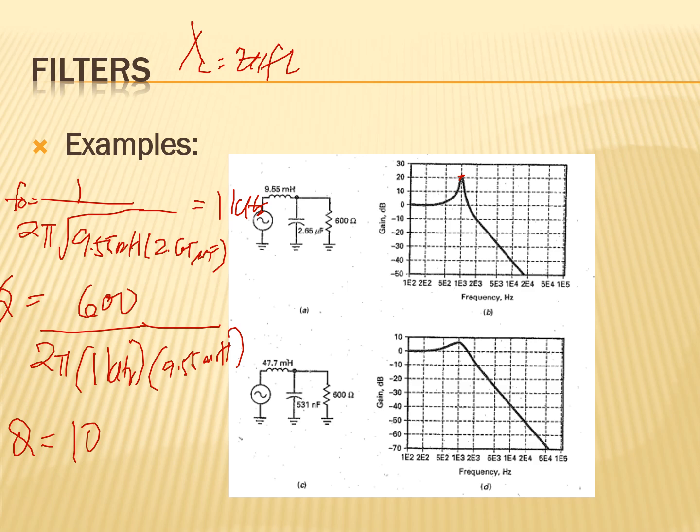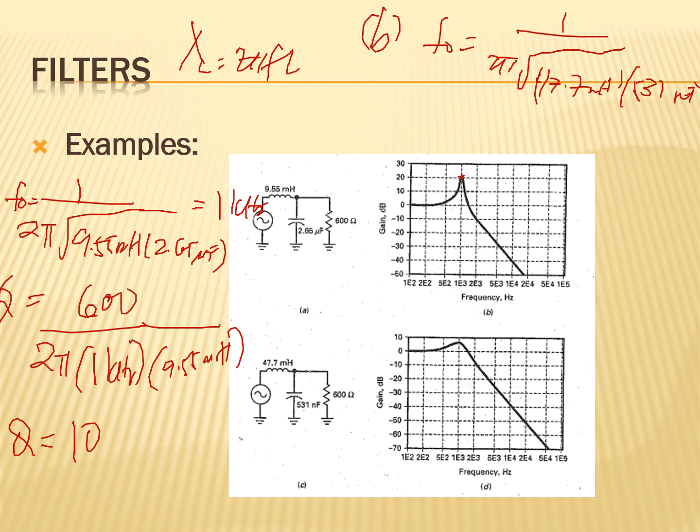So what do we do? Let's go to letter B. In figure B, we solve again for FO. So that is 1 all over 2 pi square root of. We change the value of our L. This time it is 47.7 millihenry multiplied by the capacitor, which is 531 nanofarad.